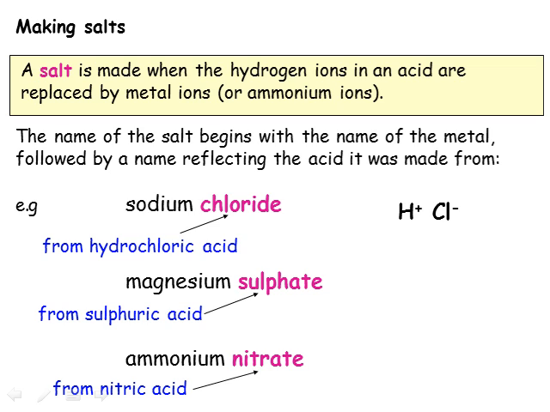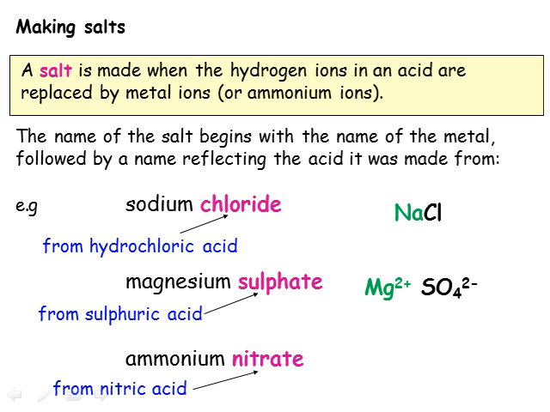If we start with hydrochloric acid and split it up into H+ and Cl- ions, then we can replace the H+ with sodium ions, Na+, to give the formula NaCl for sodium chloride. If we start with sulfuric acid and split it up, we get two H+ ions and a sulfate SO42- ion.